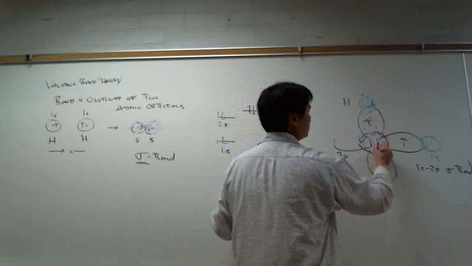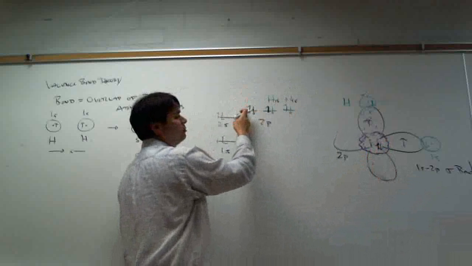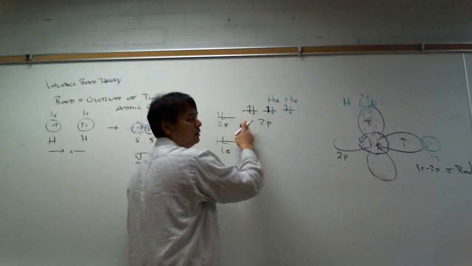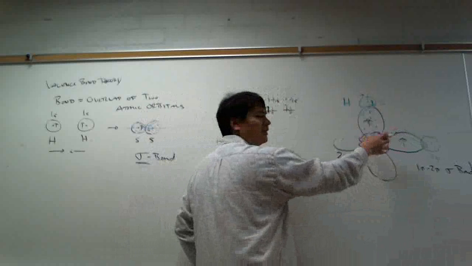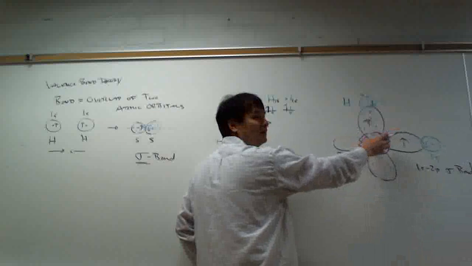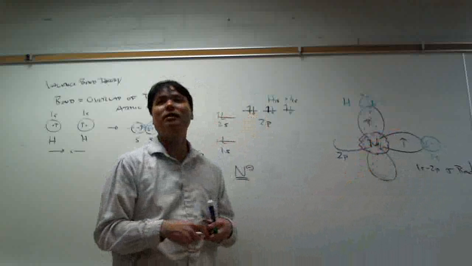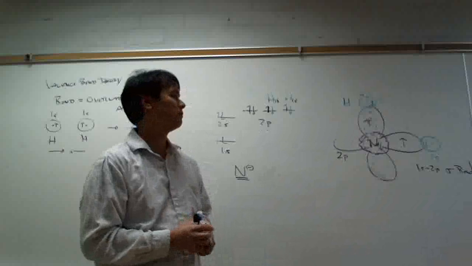It's got 2 electrons here. If a hydrogen comes in and tries, we'll get three electrons in this orbital. It's going to be a violation of Pauli's exclusion principle. And so the green hydrogen's not going to come here. And so this only has a capacity to bond 2 hydrogens. That's it.